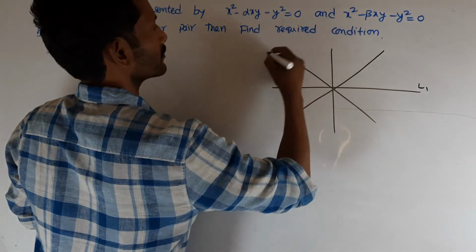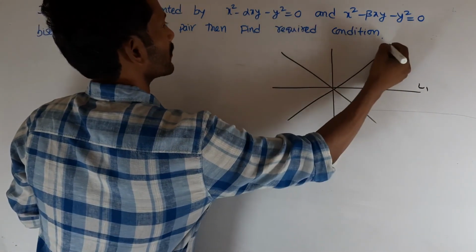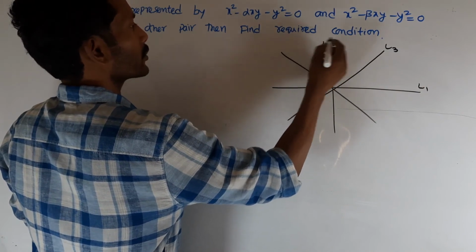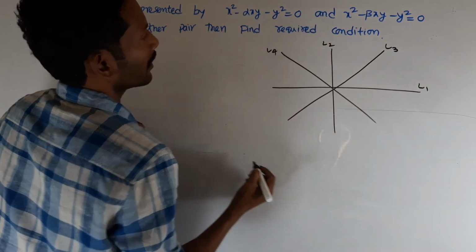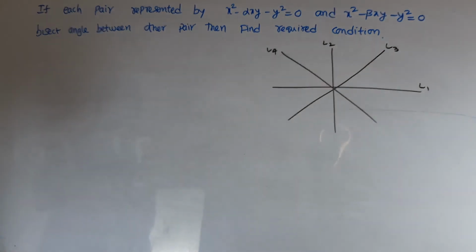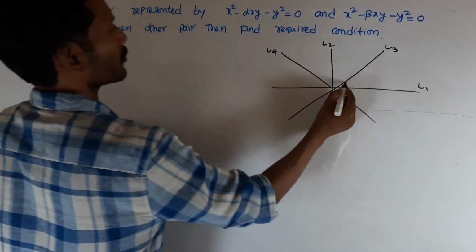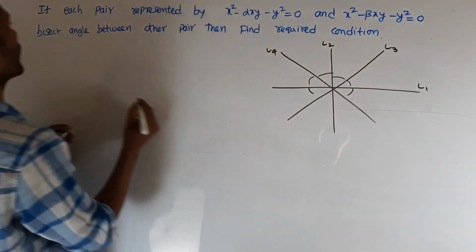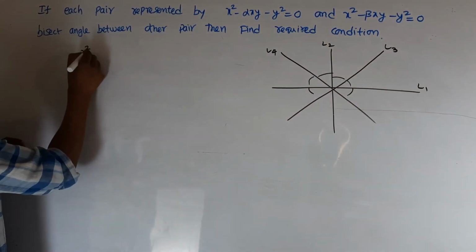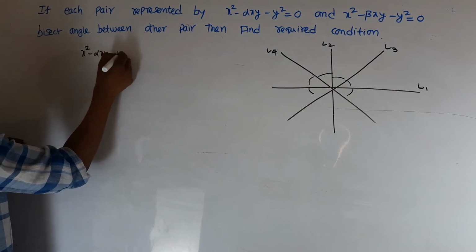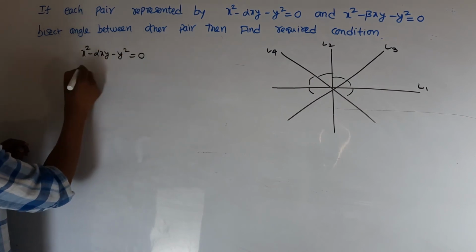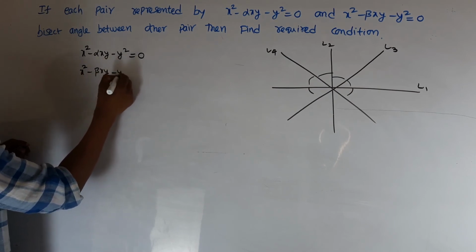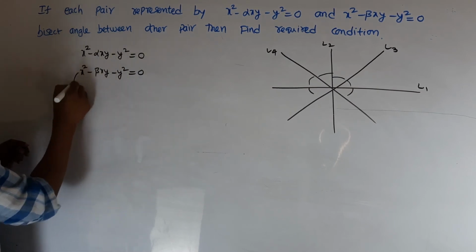L1, L3, L2, L4. Each pair bisects the other pair. So x square minus alpha xy minus y square equal to 0 and x square minus beta xy minus y square equal to 0.